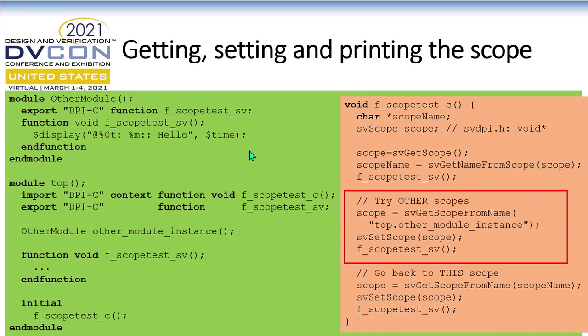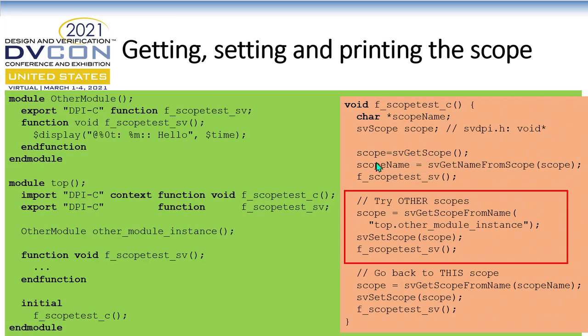What about, besides passing data or bytes, setting and getting the scope? So here we have a top and an instance, another module, an other module. And we call some C code, and we get into the C code, and there's a helper function built into DPI-C, and it's SV get scope. It gets the current scope.